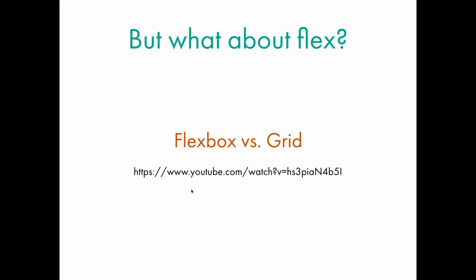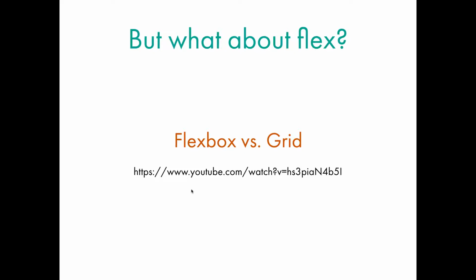Here's a diagram that really shows you what grid is good at and what Flexbox is good at. There are some situations where Flexbox or grid could be used where they basically do the same thing. One thing, though, that grid can do that Flexbox cannot do is intentionally overlap items. So if you're in a situation where maybe either one would work, but you want to overlap items, then that's a situation you definitely want to use grid in.